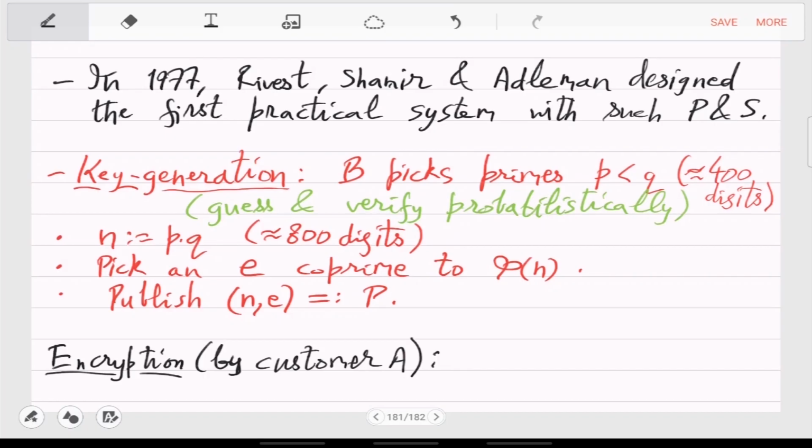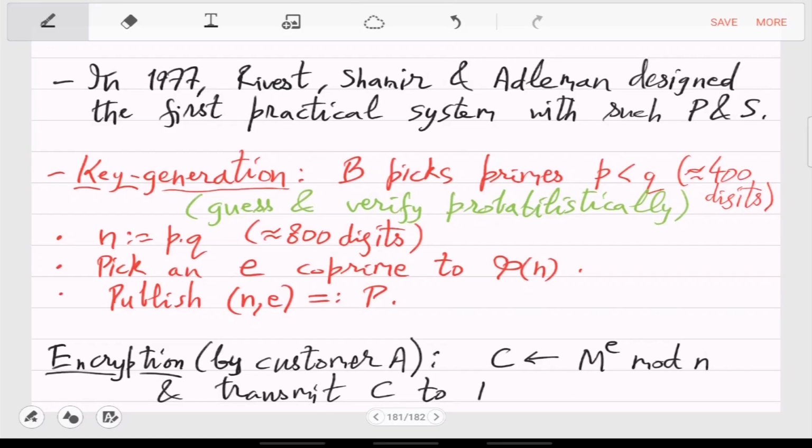The ciphertext that is computed is m to the e mod n, and transmit this to Bob.